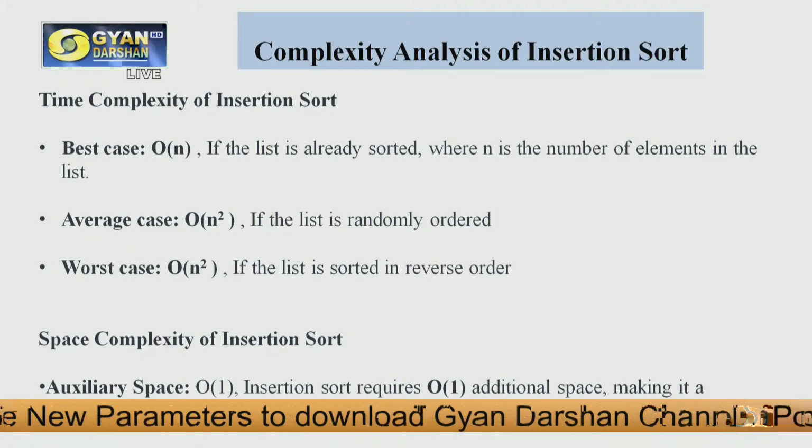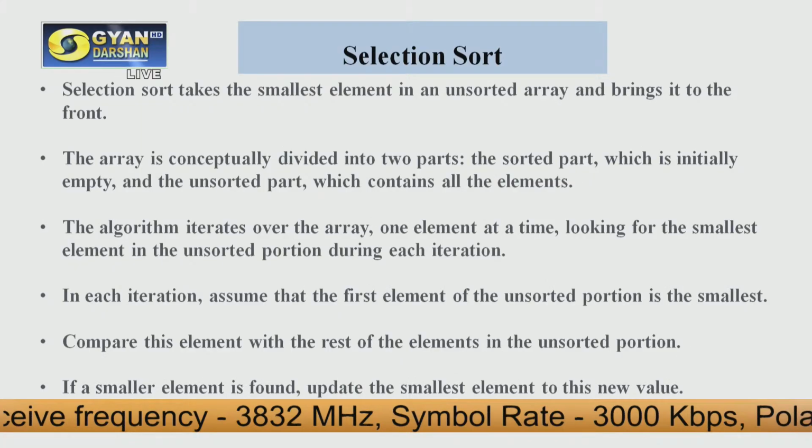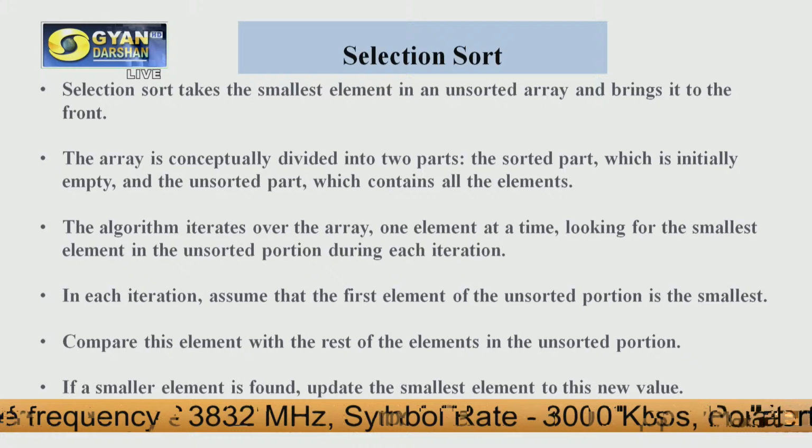Now I come to the next sorting algorithm, that is known as selection sort. Here in selection sort, in every iteration or every pass, we try to find the smallest element from the unsorted list and we place it at its appropriate place.